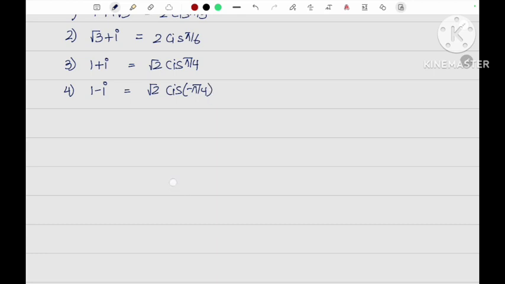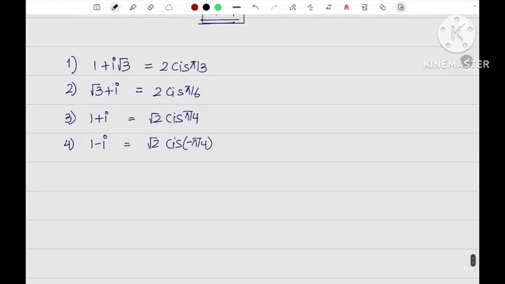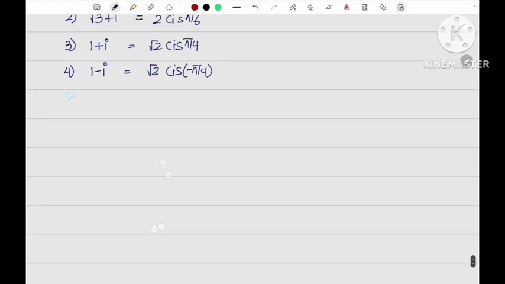I want every one of you to make sure that you understand what I'm writing, and that you are also able to convert each of these Cartesian forms into polar form. Number 5, what is 1? 1 is nothing but cis 0.